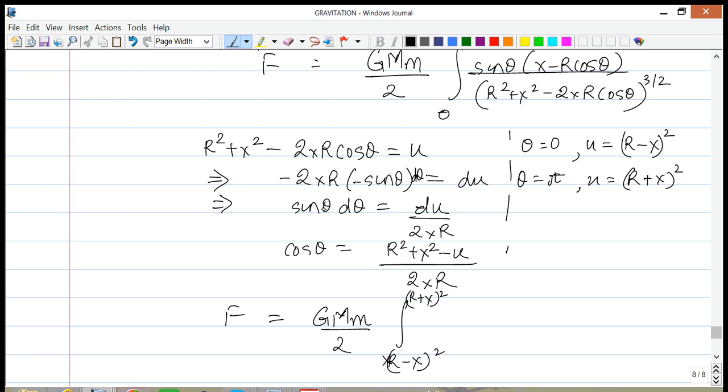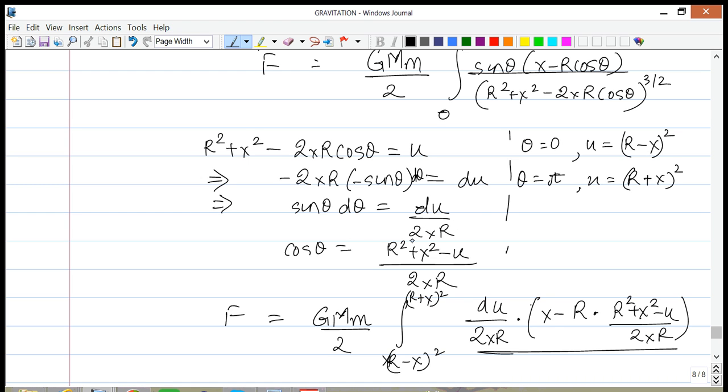The sine theta d theta term ends up being equal to du over 2xr. The second term there becomes x minus r times r square plus x square minus u over 2xr, and I have to divide everything by u to the power 3/2.